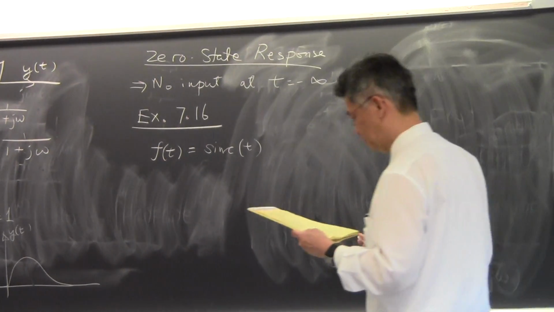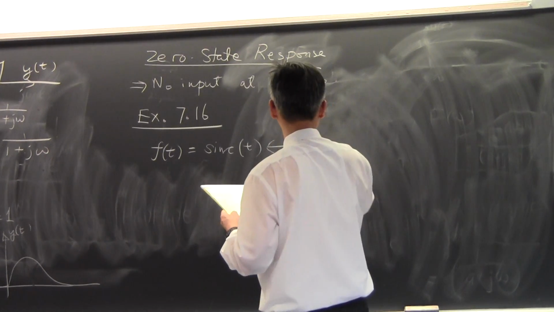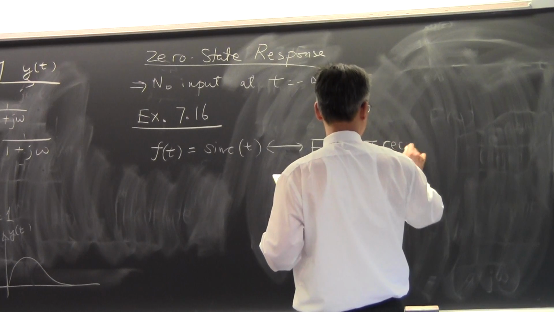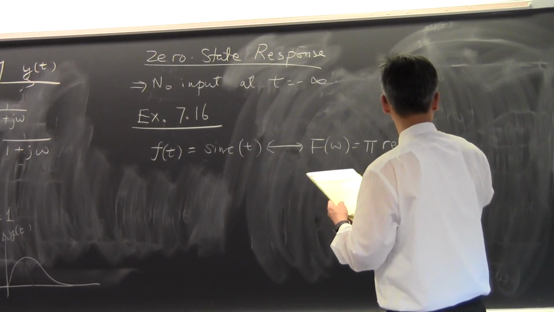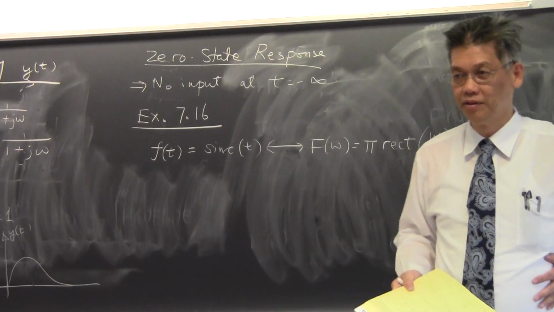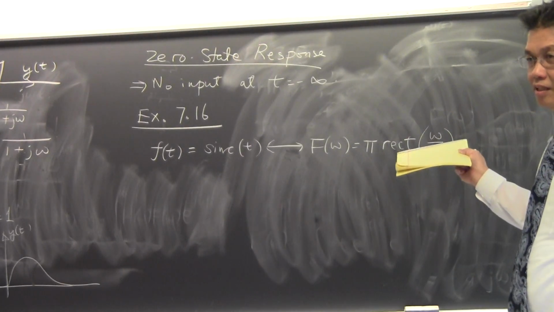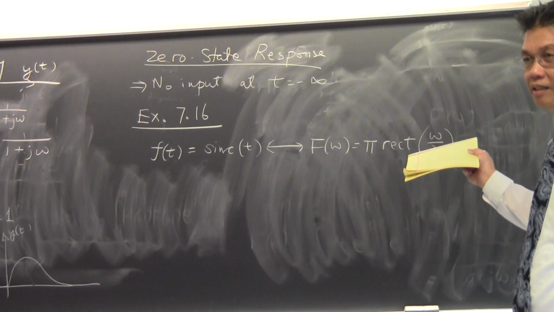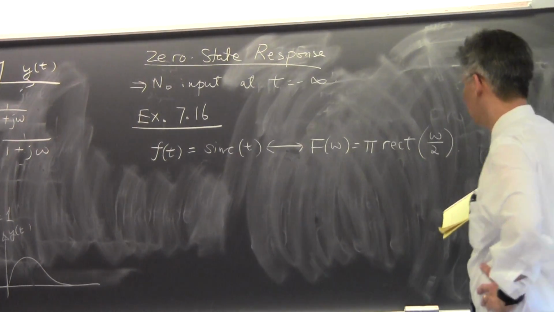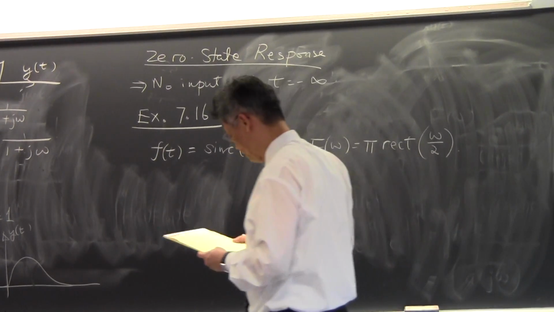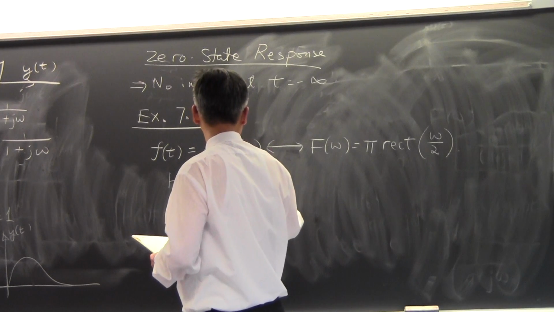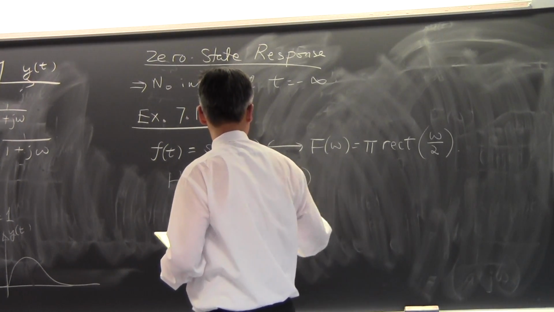So this thing Fourier transforms to F of omega equal to pi times the rect function of omega over 2. You can look it up in your table. This has also been derived in section 7.1. If you read your section 7.1 carefully, this formula has been derived. And then you're given the fact that H of omega is a rect function of omega.